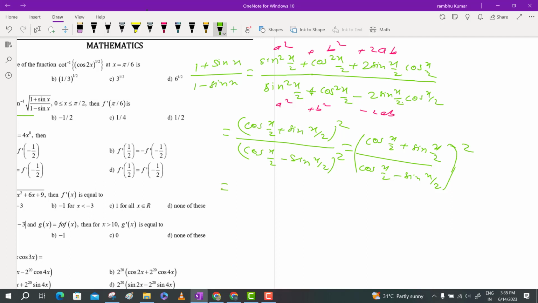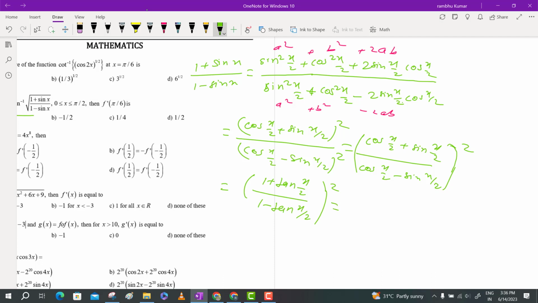Now here if you divide numerator and denominator with cos x by 2, this will become (1 plus tan x by 2) divided by (1 minus tan x by 2) whole square.